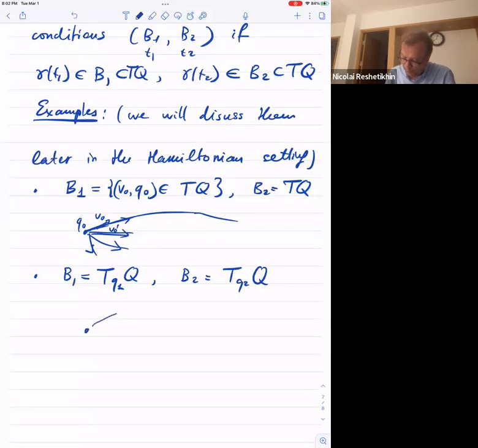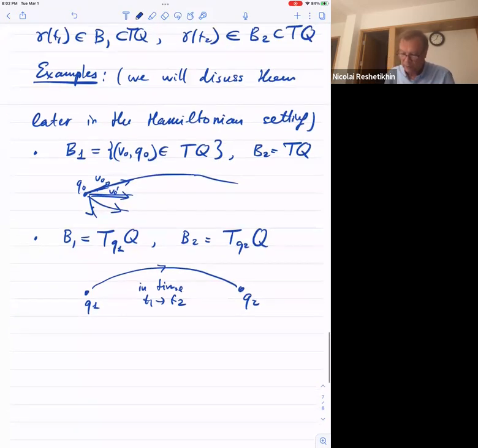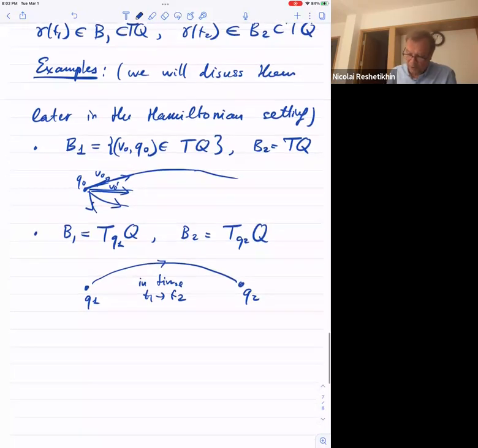All we want is to move in time from T1 to T2, from the point Q1 to the point Q2. It doesn't matter what the initial velocity or the target velocity is. It's determined by our desire to move from this point to this one in a fixed amount of time.